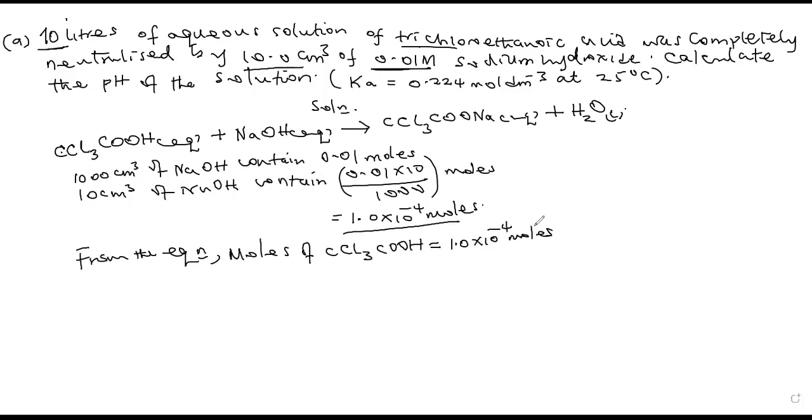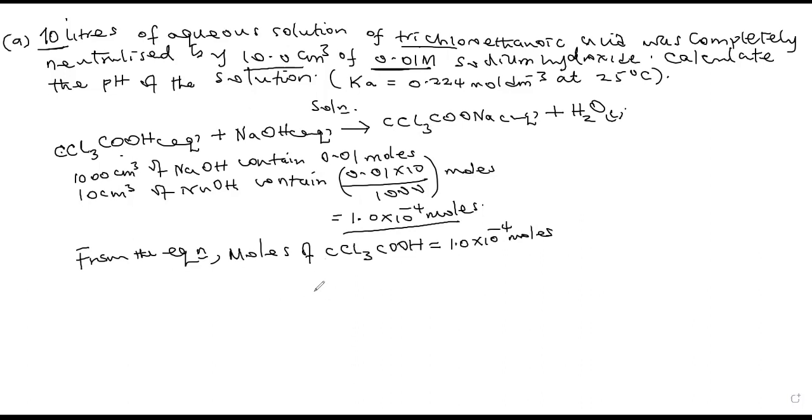Now I'm going to do this number in an alternative way from how we did the other one. I want to show you that I can do this without considering the salt, without using the Henderson equation. I can get the concentration of the hydrogen ions from this acid, and then I get the pH.